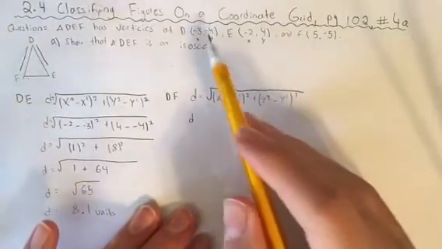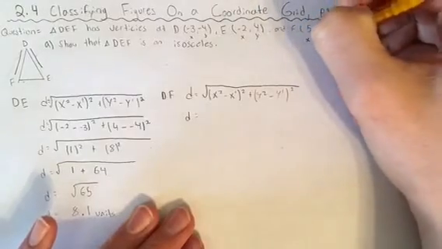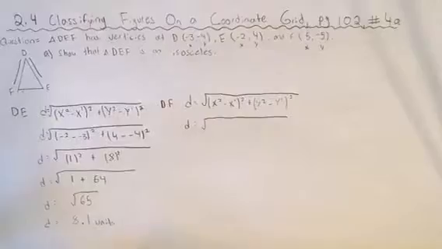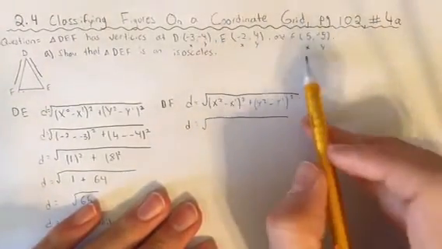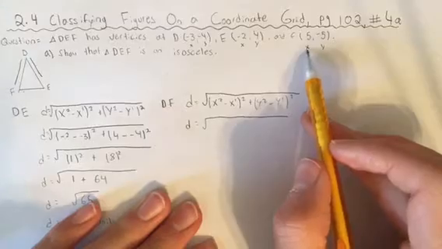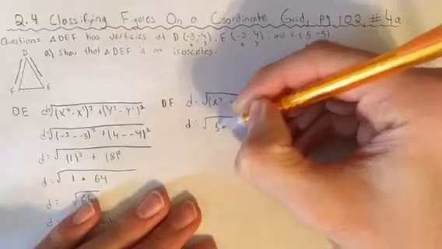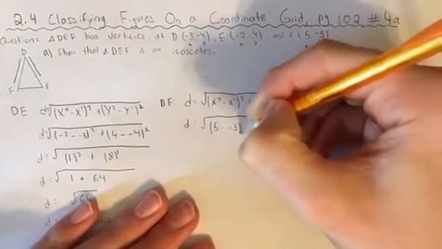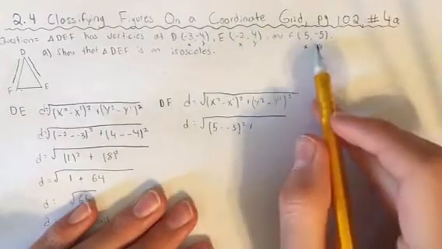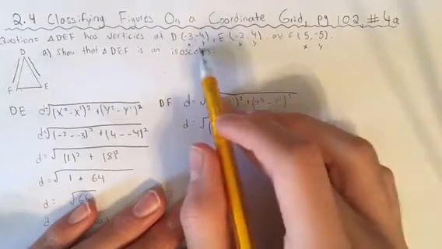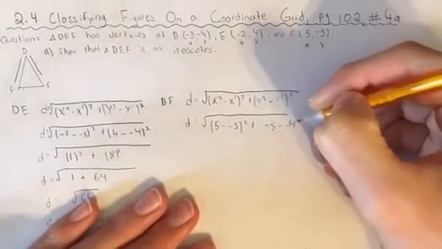We're doing D and F. So this is our x value, this is our y value. So x2 minus x1, so 5 minus -3, to the power of 2, plus y2 minus y1, so -5 minus -4, to the power of 2.